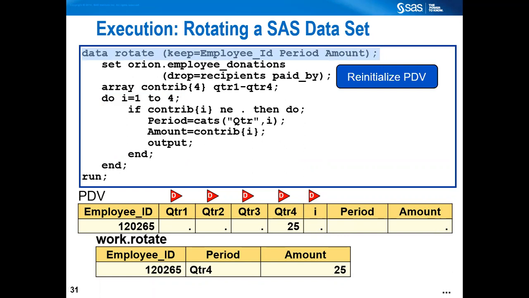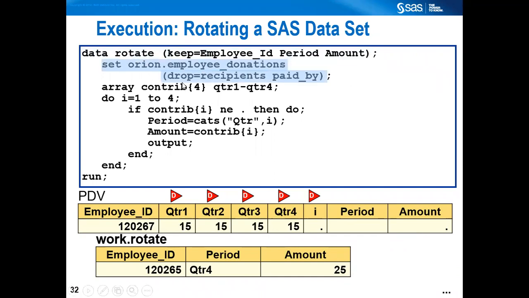Again, in the second iteration cycle, your PDV has to be vacant for all the new variables which have been created. Hence, its PDV is initialized to missing. Now, the columns which are coming from the input table are not reinitialized to missing, but the variables which are newly created are reinitialized to missing. Hence, now when it hits set, it reads the second row into your PDV.